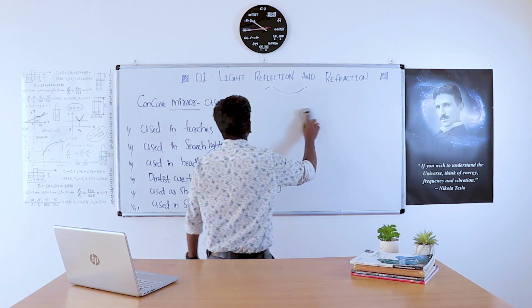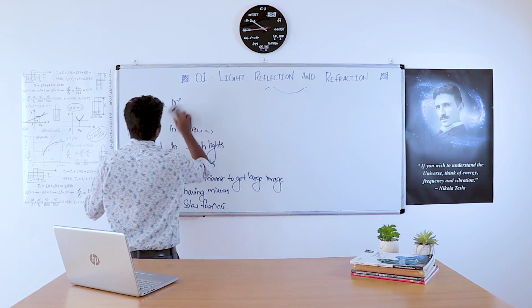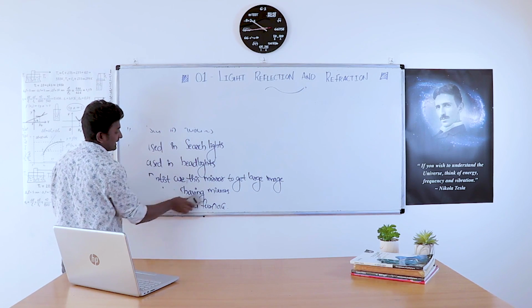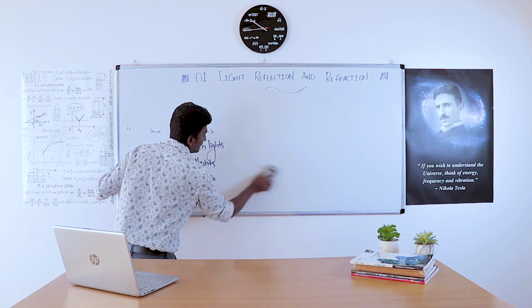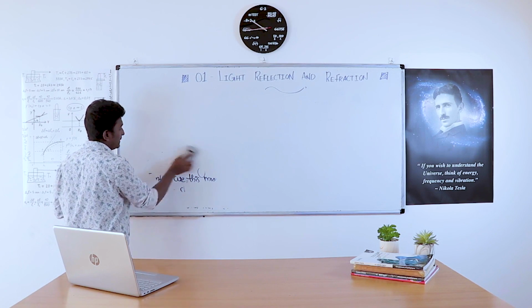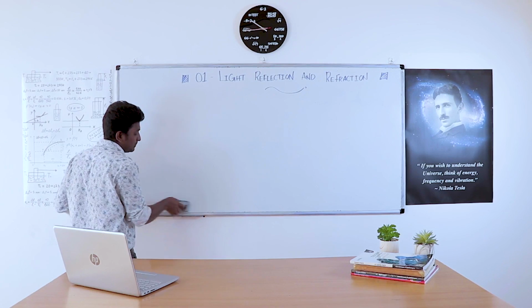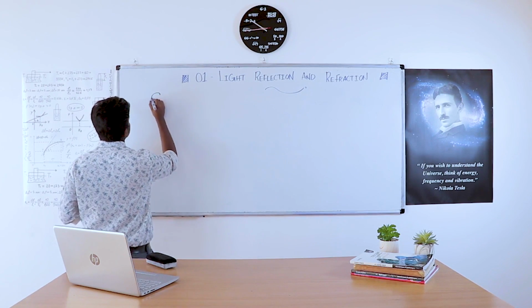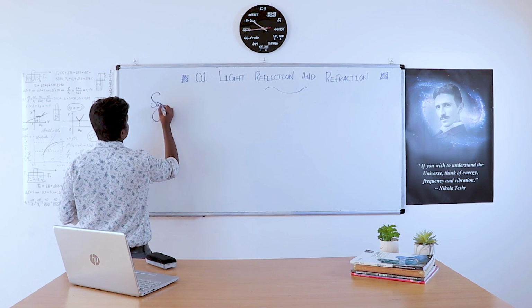Now we need to study the next topic, which is sign convention. What do you mean by sign convention? What are the things to be obeyed by sign convention? So next we are going to discuss sign convention.